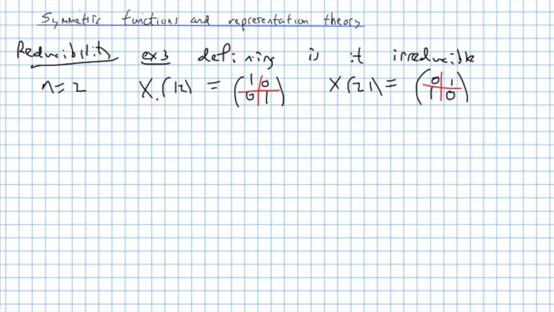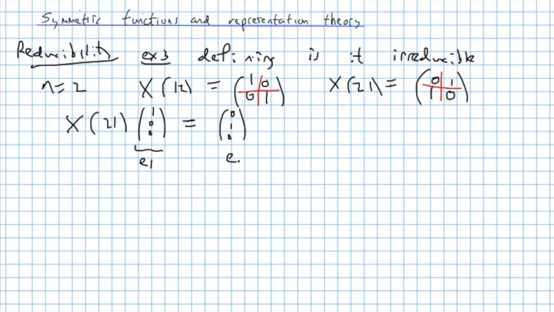So maybe a hint to see how we could build such a thing is to notice that if you have a permutation matrix and you act on E1, this is the vector E1, it sends it to E2.